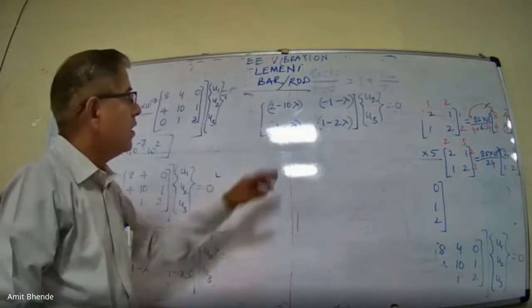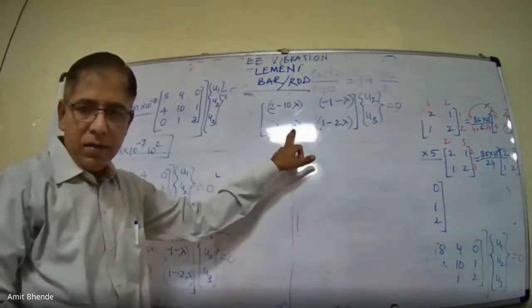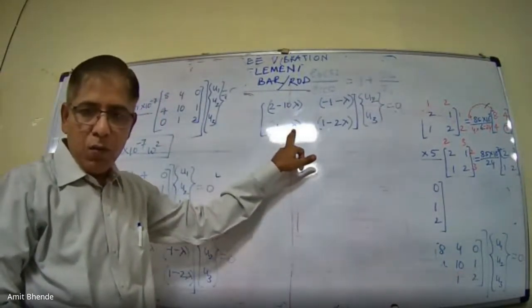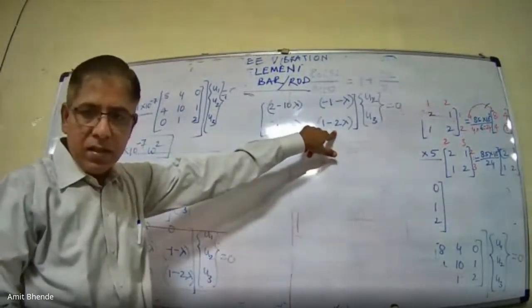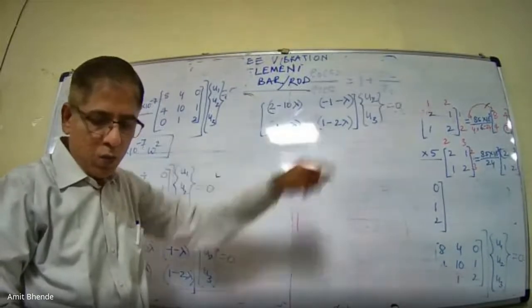Now to find out the value of lambda, that is eigenvalue, we need to take the determinant of this matrix and equate it with 0. Okay.